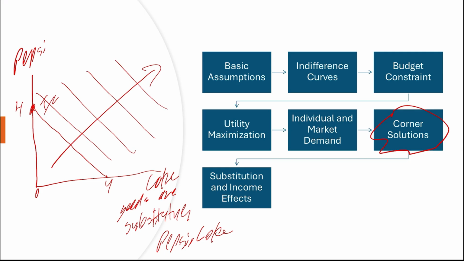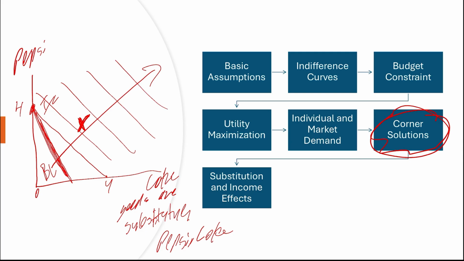When goods are substitutes like that, we're often going to have a corner solution where, instead of having an optimal combination in the middle somewhere where we have some of both, we might end up picking all of one versus all of the other. So if our indifference curve is like this, say we have a budget line that looks like this. This is our budget line.